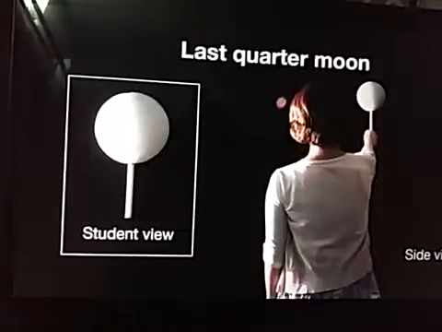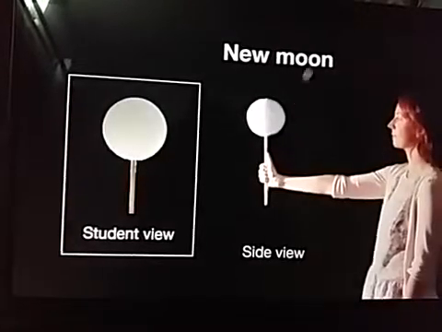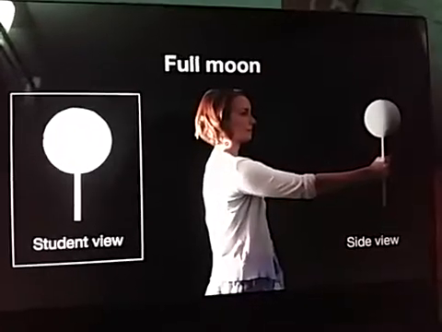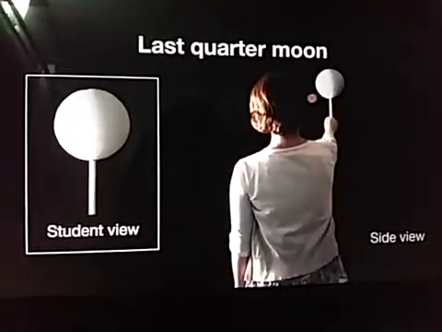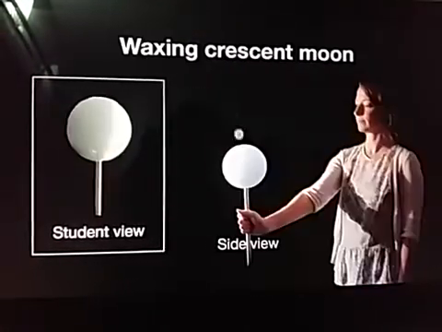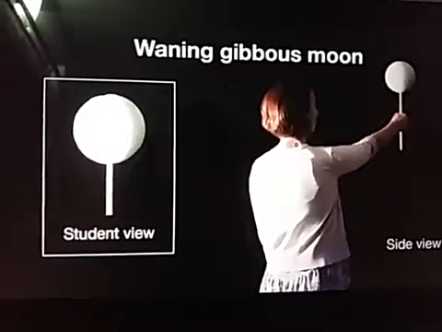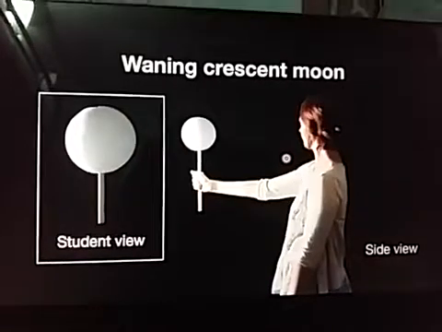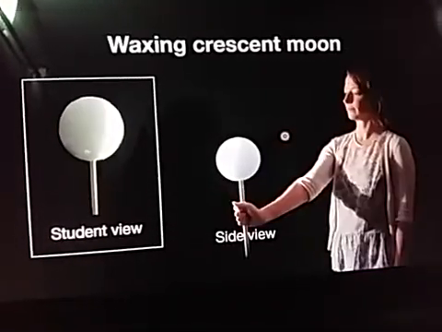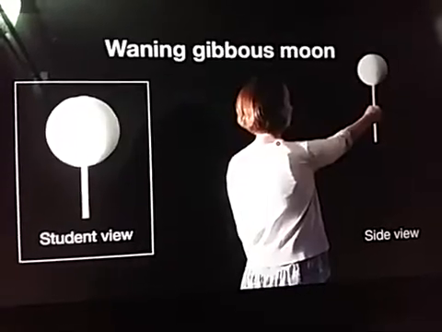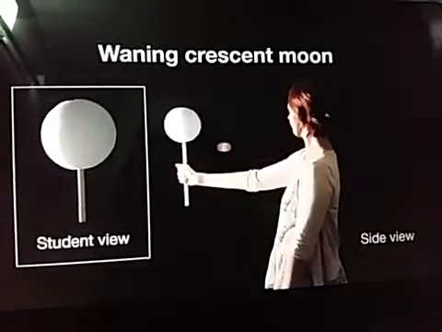This lady is standing in one position and moving round while holding the balloon in her hand. Just do like her. You will see different shapes of the illuminated portion of the balloon, just like the phases of the moon. Can you see?